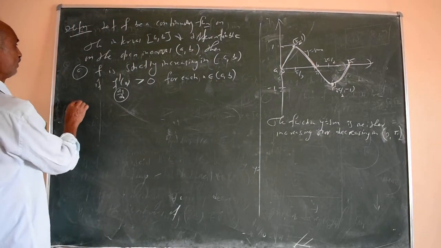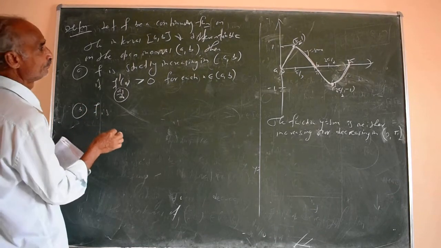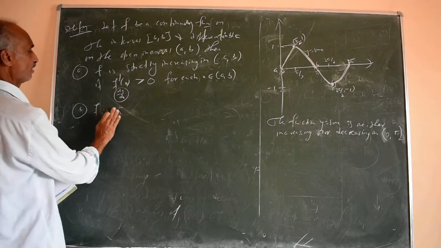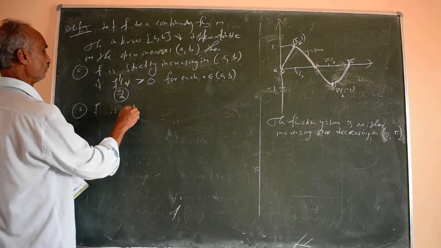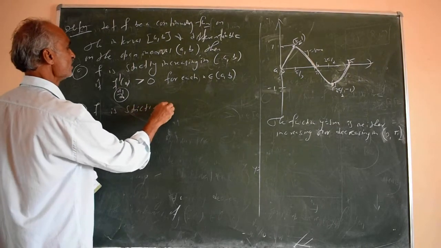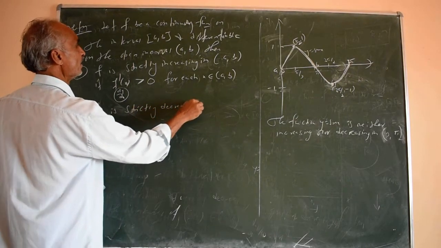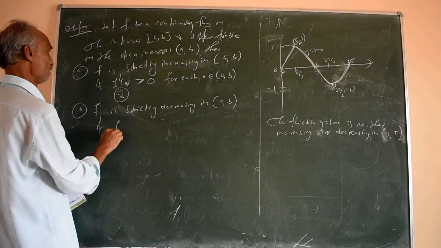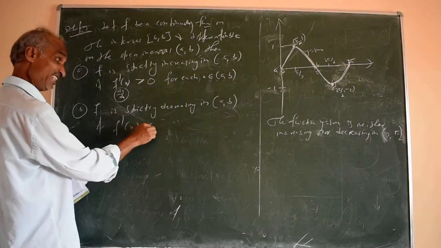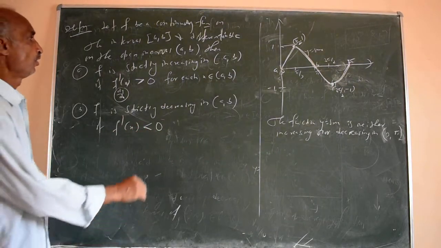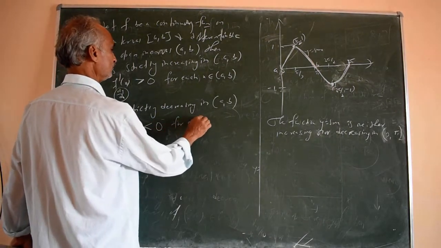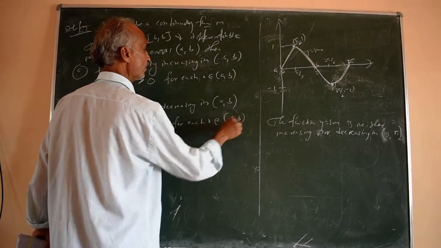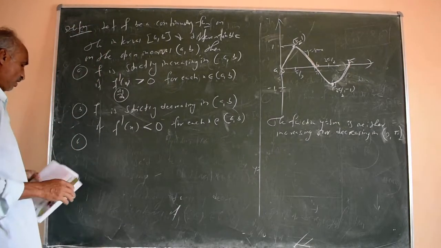Next, f is said to be strictly decreasing in the open interval A to B if f dash of x is strictly less than 0 for each x belongs to the open interval A to B. This is the main definition.